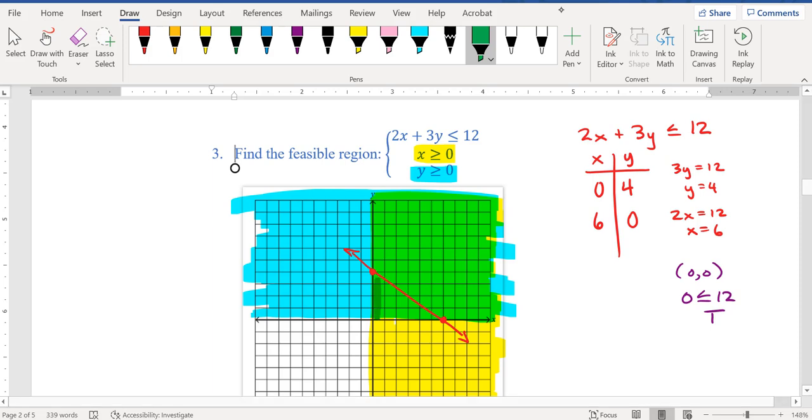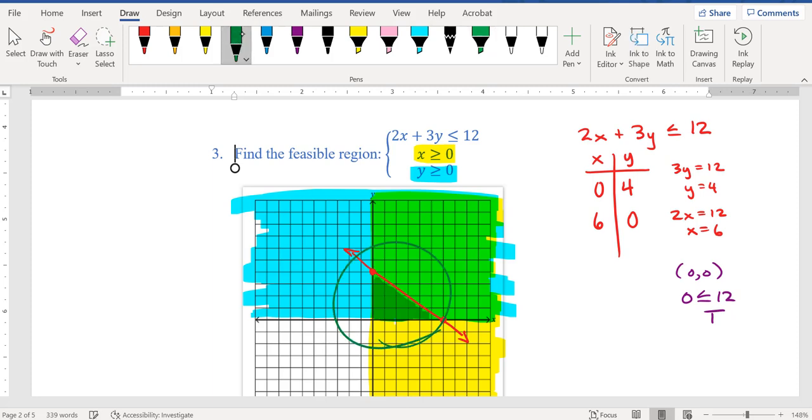So I'm only going to shade this part. That's the answer to that system. Only that little piece that's dark green. It includes the axes. It includes this boundary line. That is the only part that I want right in there.